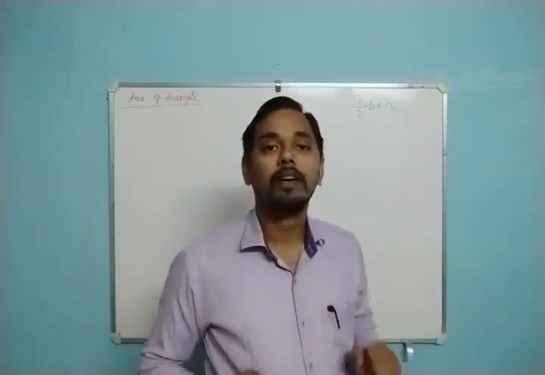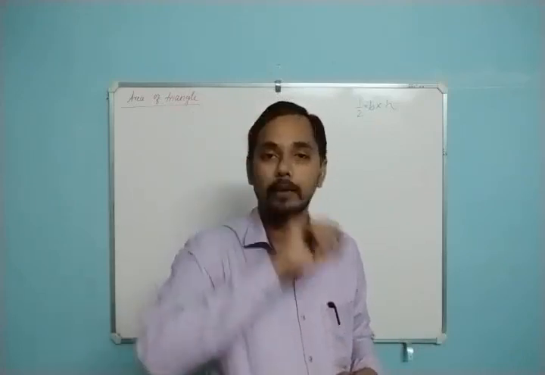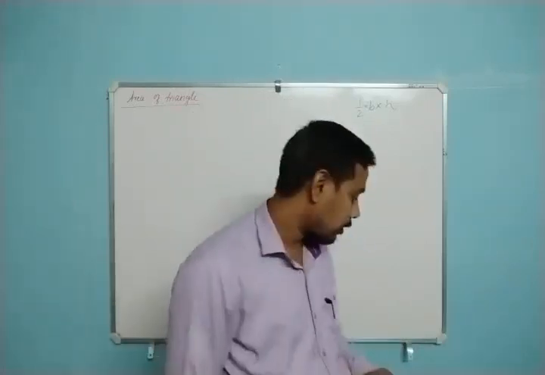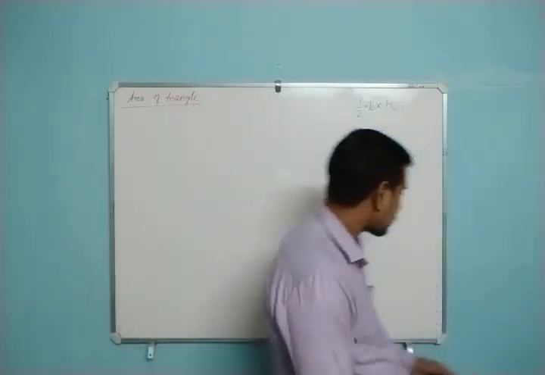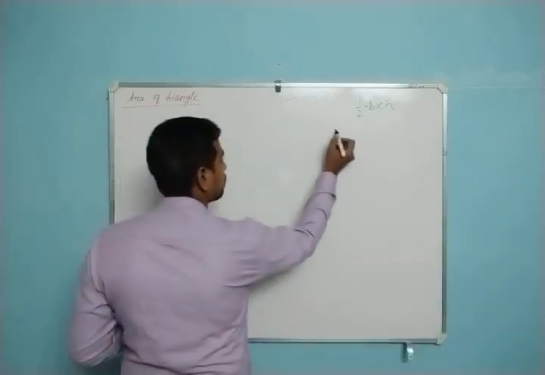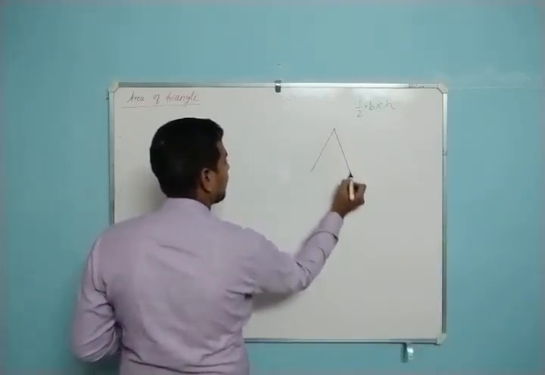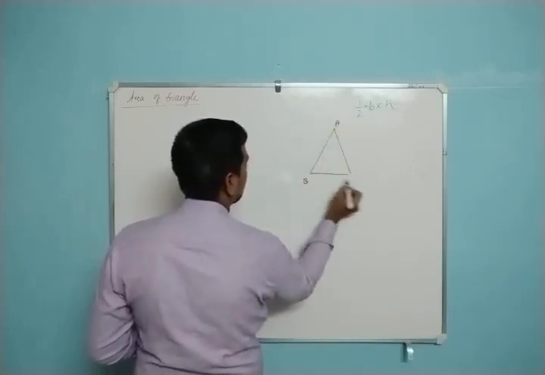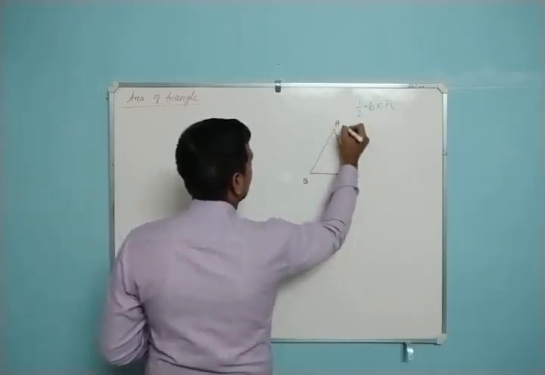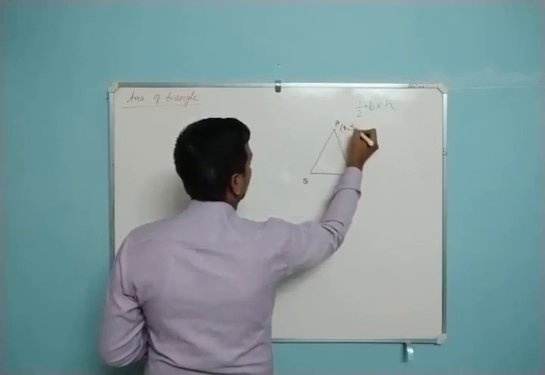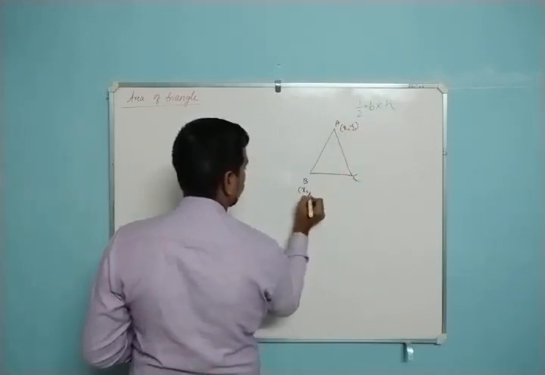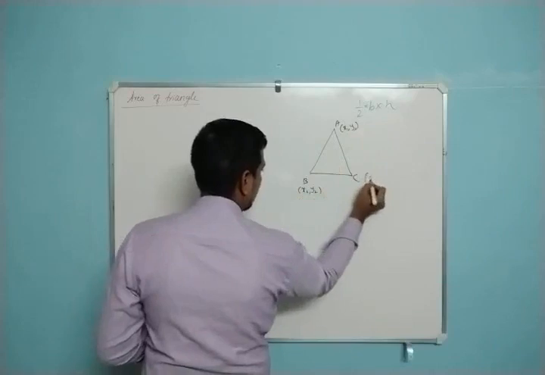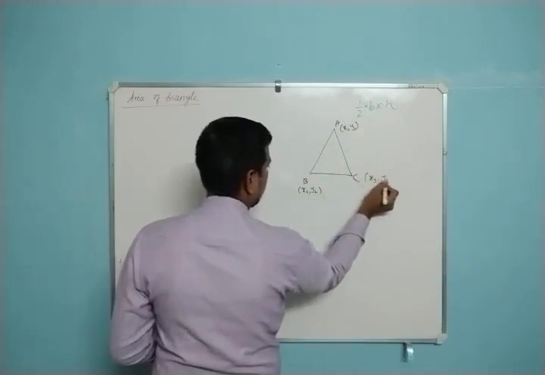When you know all three vertices of a triangle, for example, if this is the triangle ABC, with vertices x1, y1, x2, y2, x3, y3.